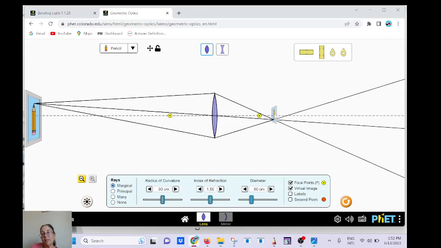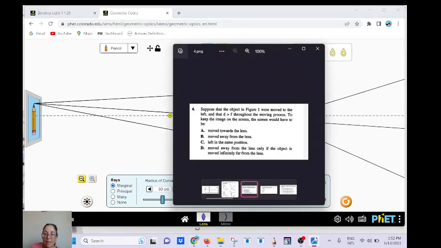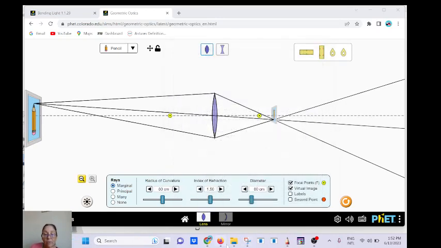So the screen has to be moved toward the lens. Okay, so that was for number 4.